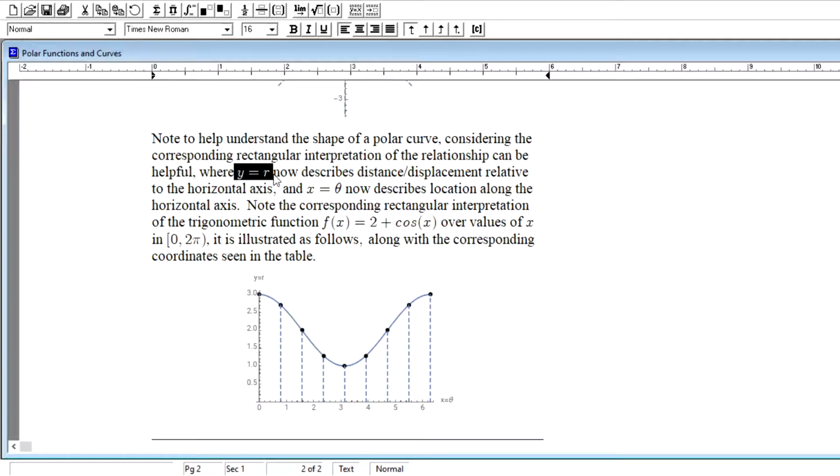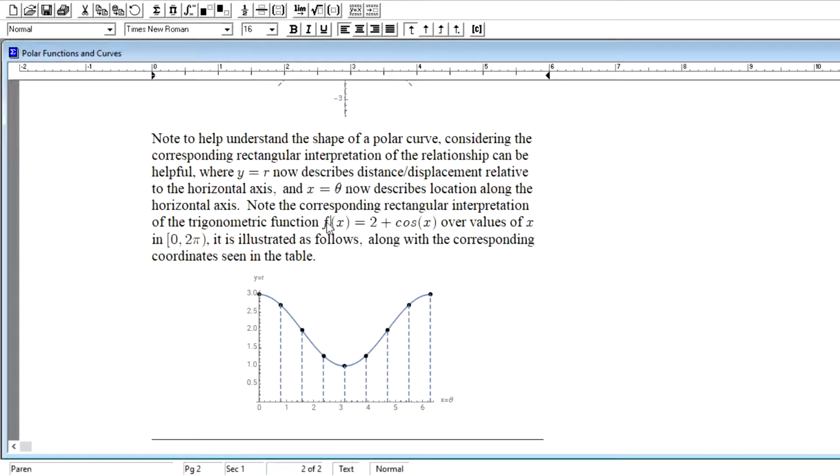If we were to consider in the rectangular context letting y equal r and x equal to theta, where y then is just going to describe some displacement away from the x-axis relative to the horizontal axis here, and x is just going to be equal to theta, describing some location along the horizontal axis, right?